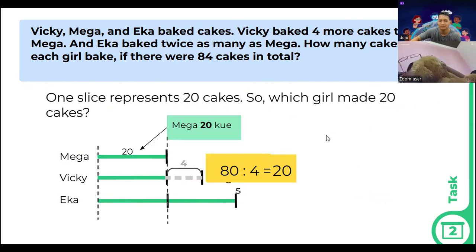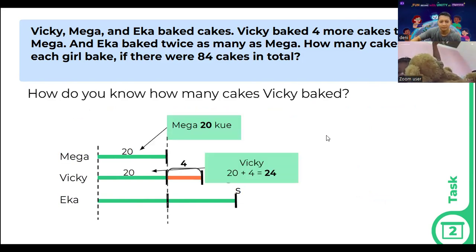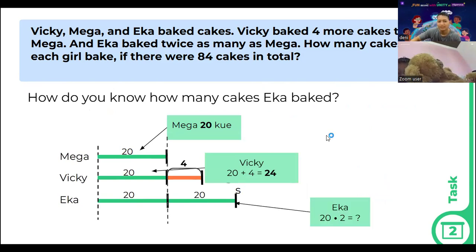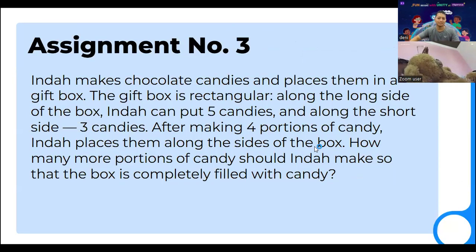You will get 20. 20 for Mega, and then 24 for Vicky, and the last one, Eka, 40. Okay, next, Akar. Next, number 3.